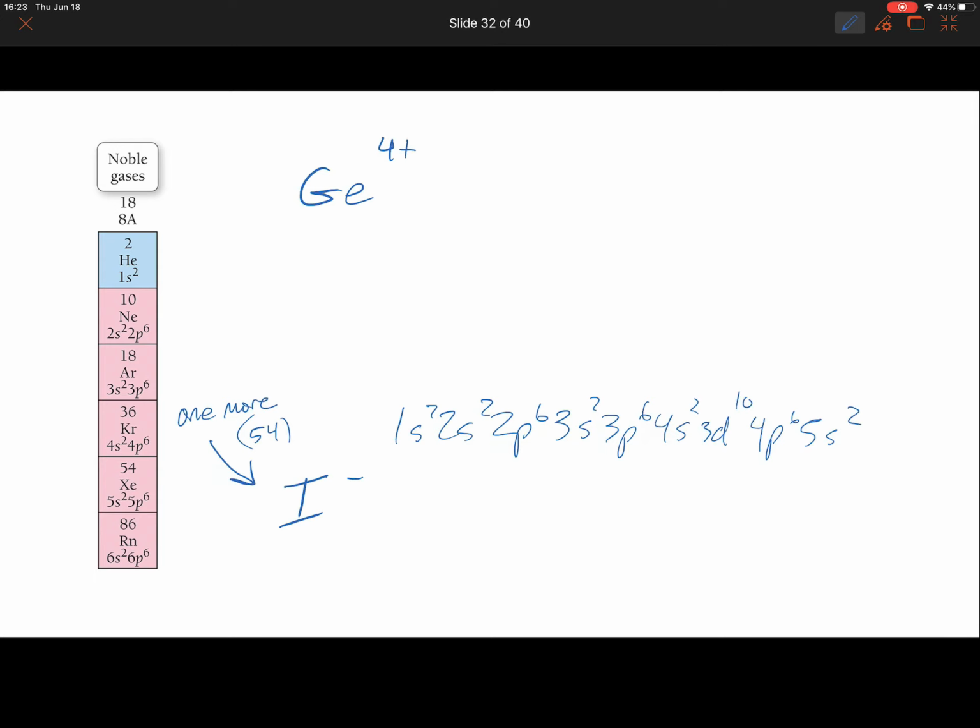Iodine is in row 5, so it's 5s2 4d10, 5p5. So that would be regular iodine, and now we're writing it for I-, so we add in an electron, 5p6. Note that I- has the same electron configuration as xenon.